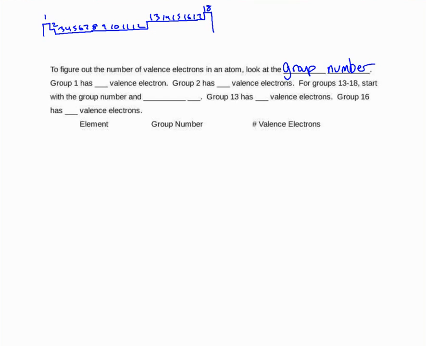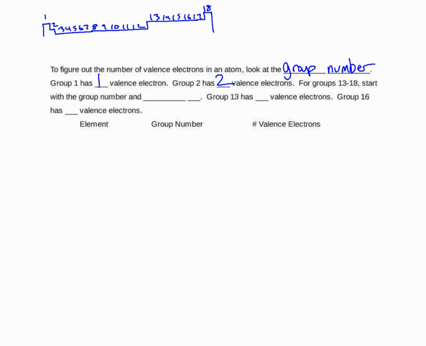So group 1 is relatively easy. We're talking about this leftmost group, the alkali metals, which has 1 valence electron. Group 1, 1 valence electron. Group 2 has 2 valence electrons. These are the easy ones.